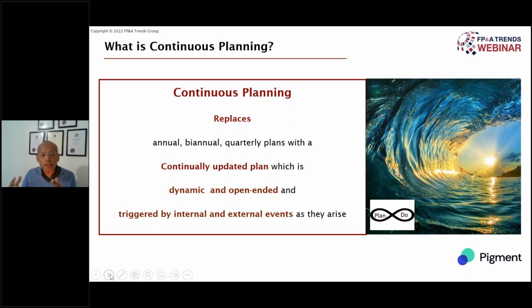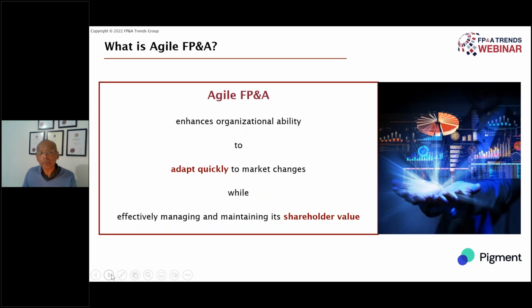So a planning process that is very flexible, adaptable, and you can do it at any point in time, real time as well. That is the true definition of continuous planning.